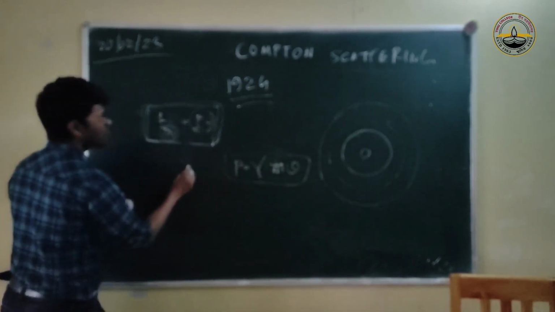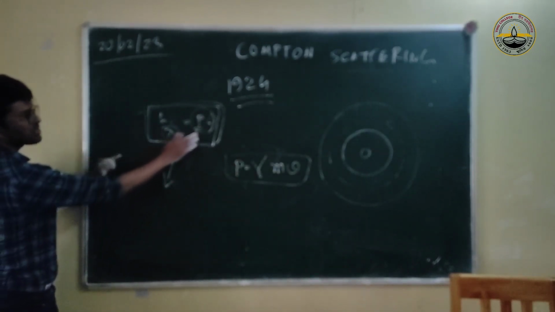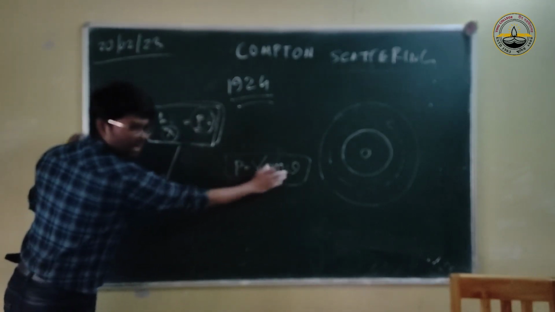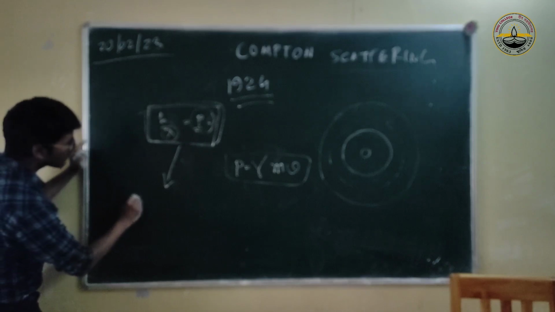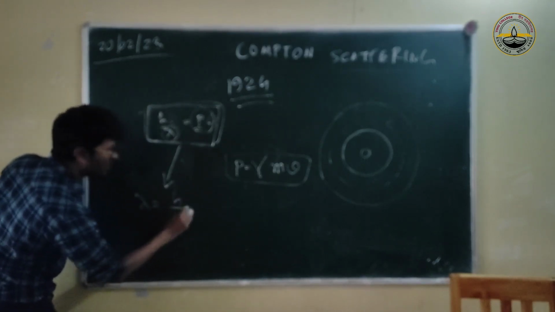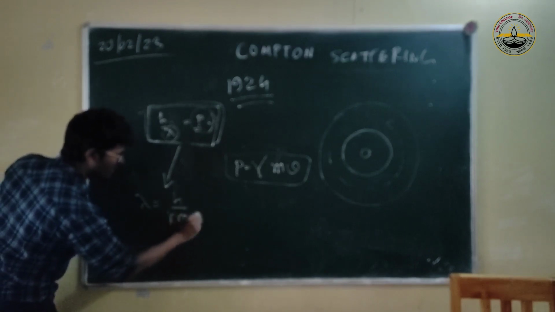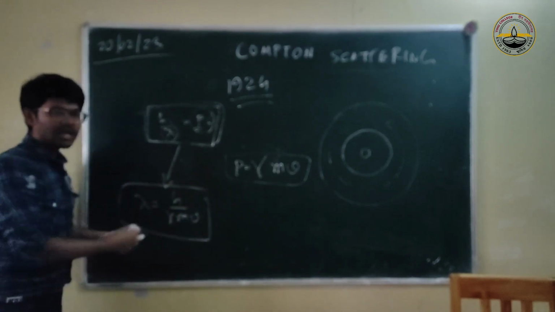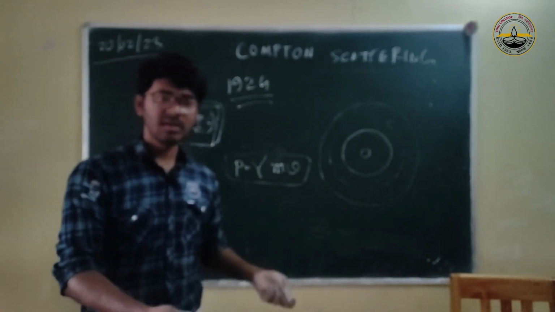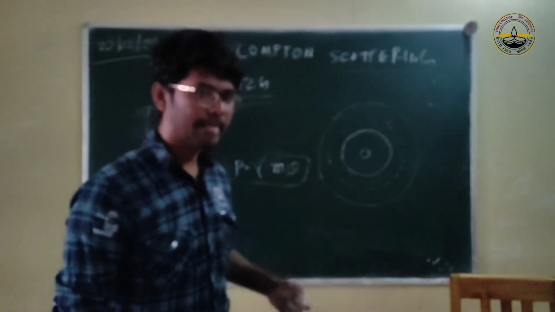So for a massive particle, you could write lambda equal to h over p, which is h over gamma mv. He said any particle that is moving has a wave associated with it.